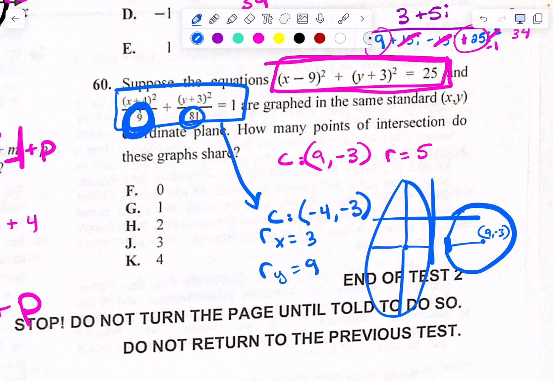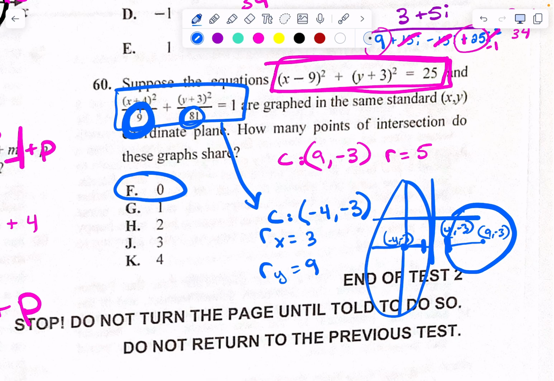Over here, my furthest to the left would be (4, negative 3), right? That's the furthest to the left he's going to go. This guy is at (negative 4, negative 3). But in the x direction, he's only going over 3 units, right? I don't think those are going to touch each other. You see that? So 0 points of intersection, I think.